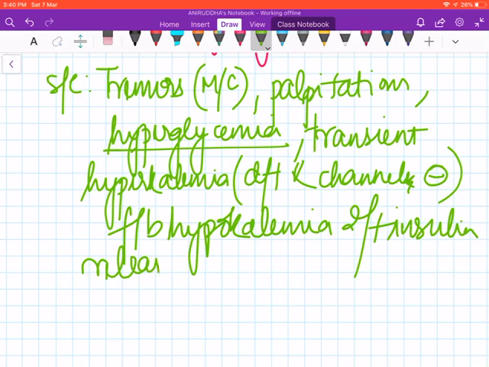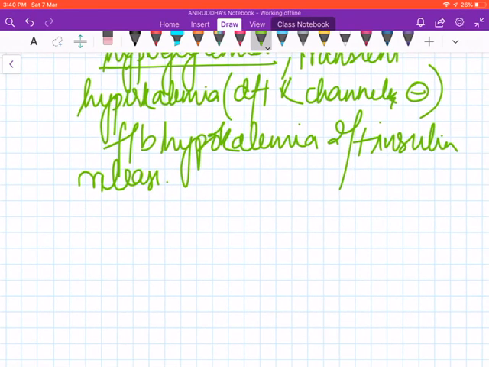Yeah, so this hyperglycemia is stimulating the insulin release, and of course there can be QT prolongation.